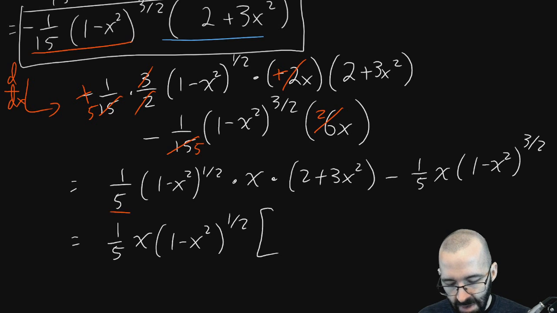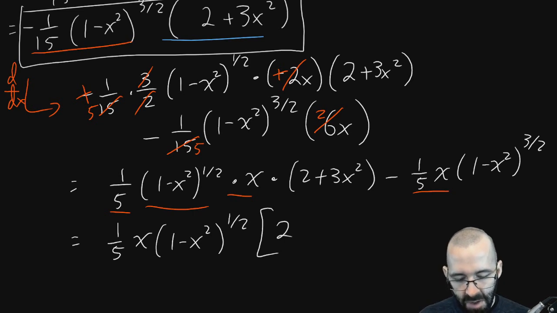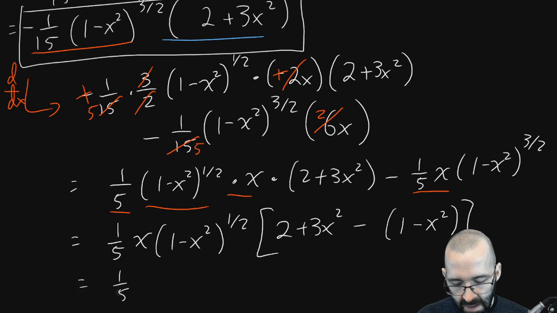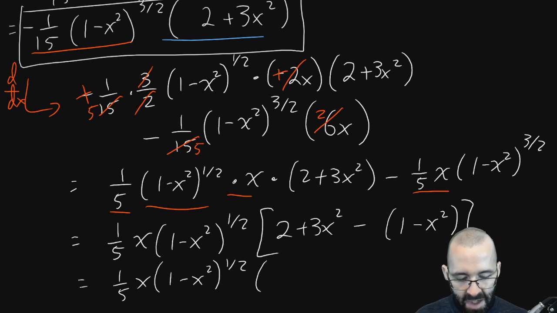So we've factored out this, this, and this, and then one of the other guys. So we're left with 2 plus 3x squared here, and then minus 1 minus x squared that's left. 1/5 x times 1 minus x squared to the 1/2. And this becomes 2 minus 1 is 1. 3x squared minus 1x squared is plus 2x squared.